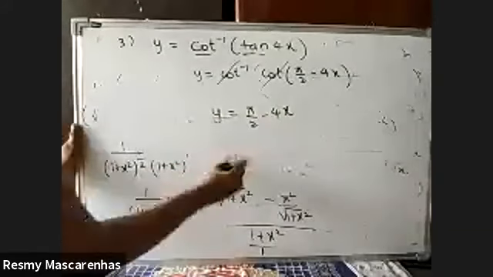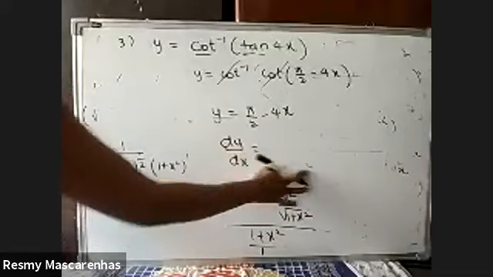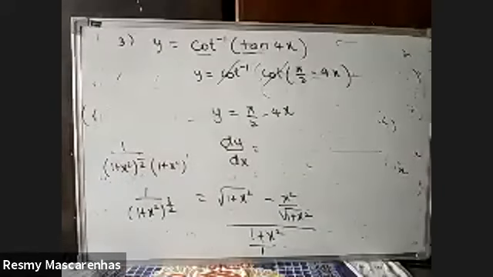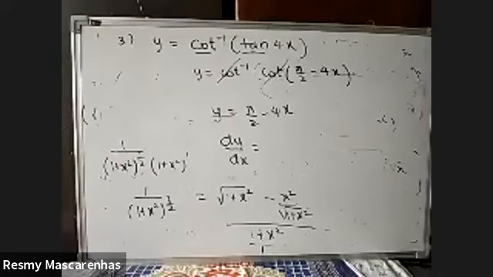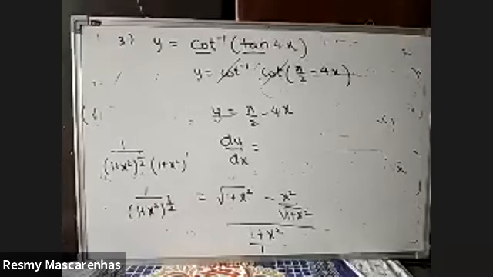And now differentiate. dy by dx will be, what will be the derivative of pi/2? It's a constant, it's a number.